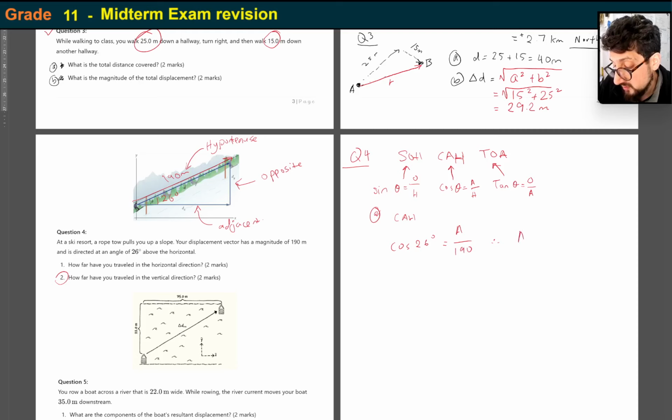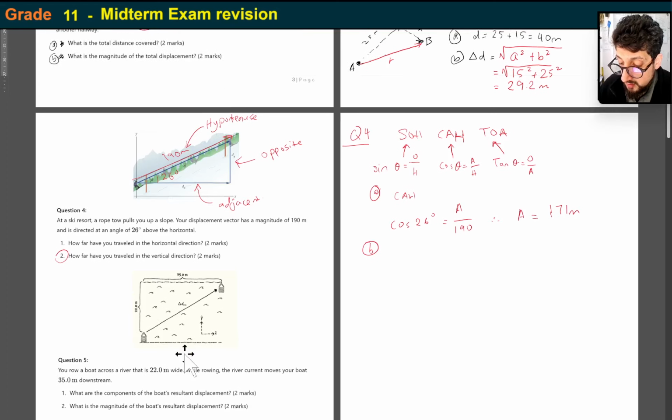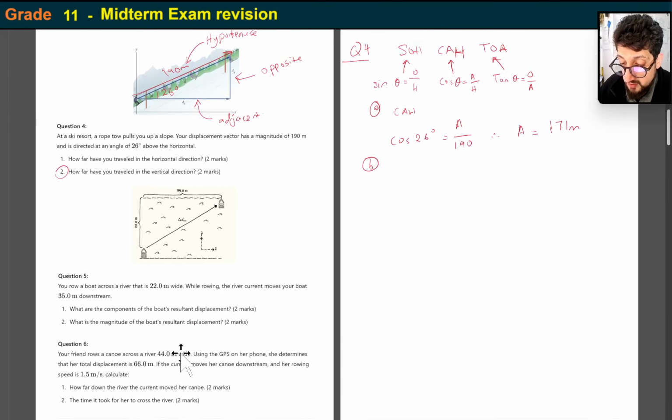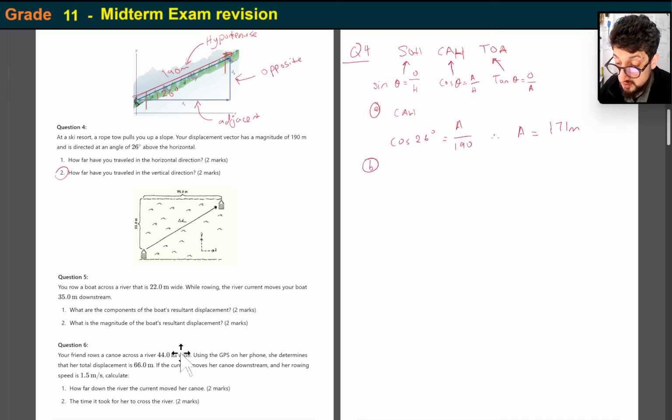And so therefore A is going to equal cos 26 times 190, which is going to equal 171 meters.